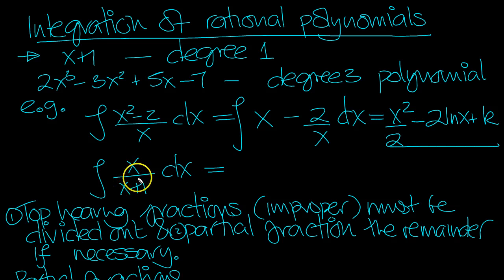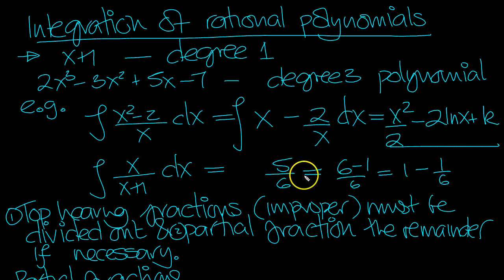This one is slightly different. We can't split the fraction up easily, but what we can do is a little cheat method. So if I had 5 over 6, say, I could actually write that as 6 minus 1 over 6, couldn't I? And that would enable me to write it as 1 minus 1 over 6. Agreed? 5 over 6 is 1 minus 1 over 6.